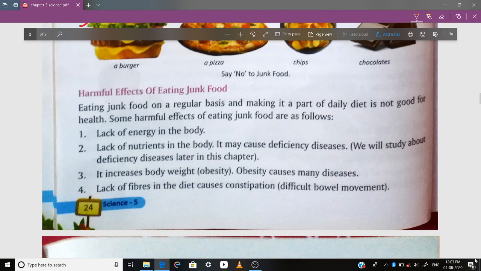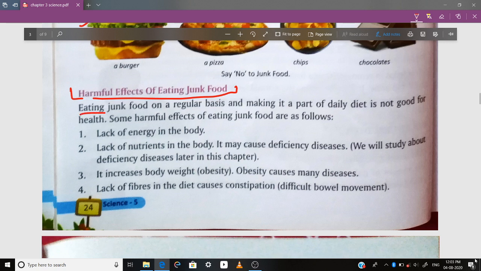So we should not have junk food on a regular basis, because it doesn't have nutrients. It has only sugar and what? Fat.